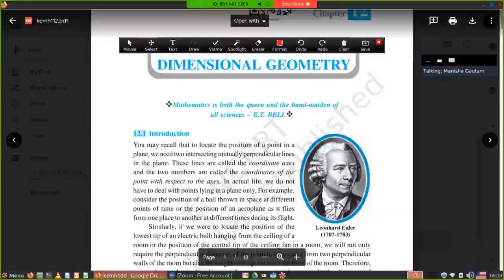You may recall that to locate the position of a point in a plane, we need two intersecting mutually perpendicular lines. Whenever I talk about two-dimensional geometry, I will just brief it.